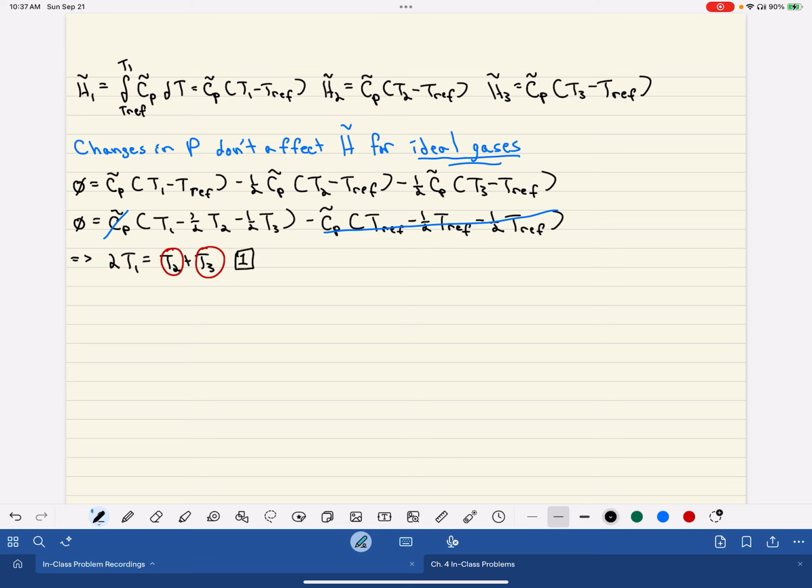And so to proceed, we just go to the entropy balance. So, open system entropy balance equation, dS/dt. We have the entropies of stuff going in, entropies of stuff going out.